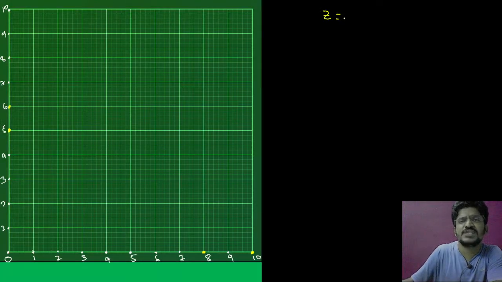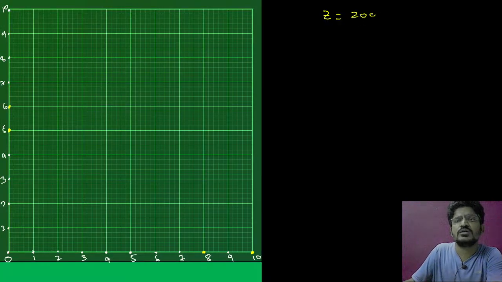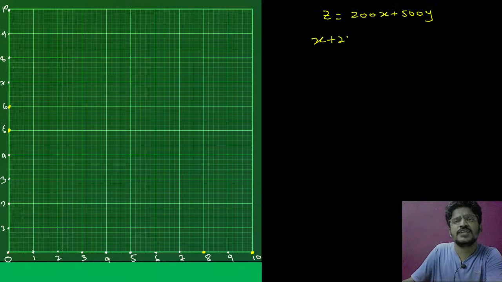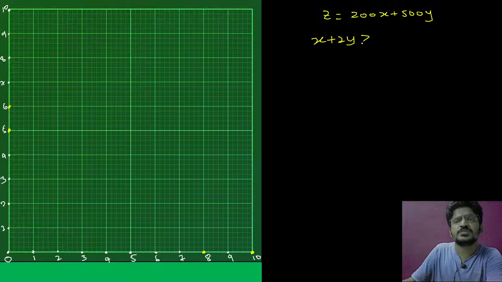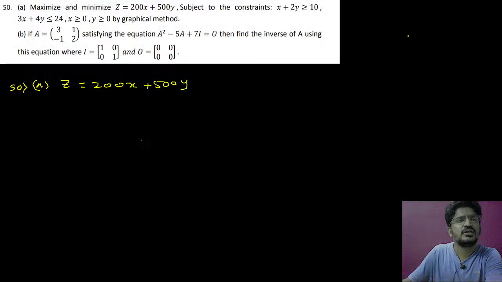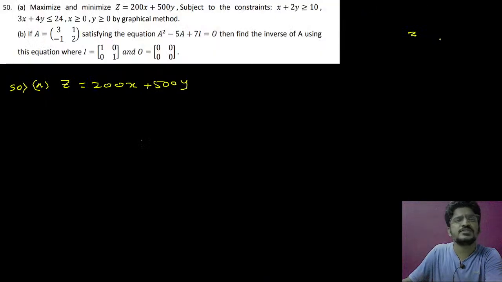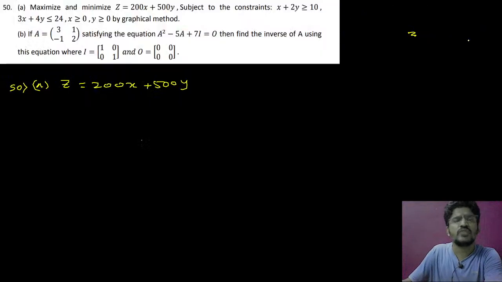Here z is equal to 200x plus 500y, and the constraints are x plus 2y greater than or equal to 10, and another one is 3x plus 4y lesser than or equal to 24.